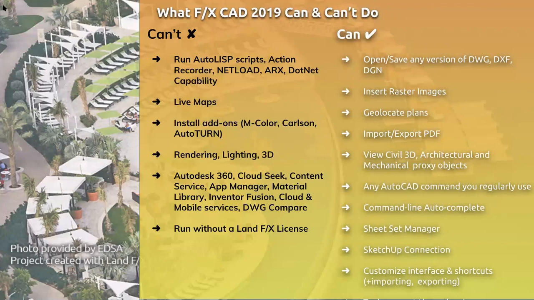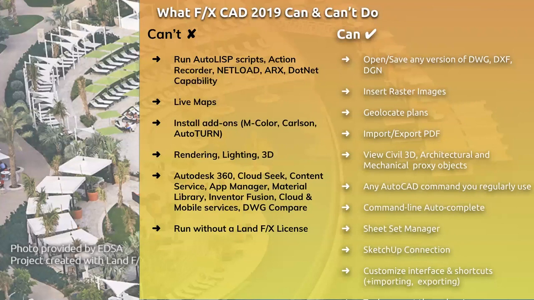So key things that you're probably wondering about: what can FX Cad 2019 do and not do? It can't, like I said before, run add-ons, auto lists, those sorts of things. So if you're used to that, you might want to determine if maybe LandFX can do that instead for you.